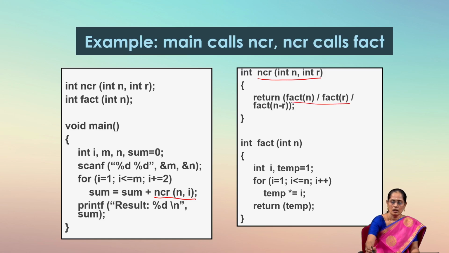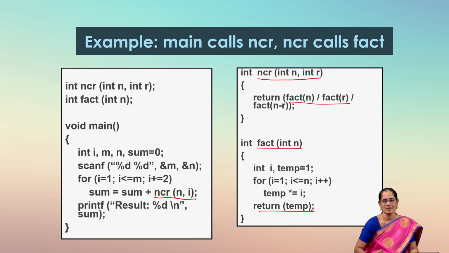Here fact of n means it invokes another function, fact, which carries one integer input. We are calculating the factorial of a given number, and then we return the result using the variable name temp.